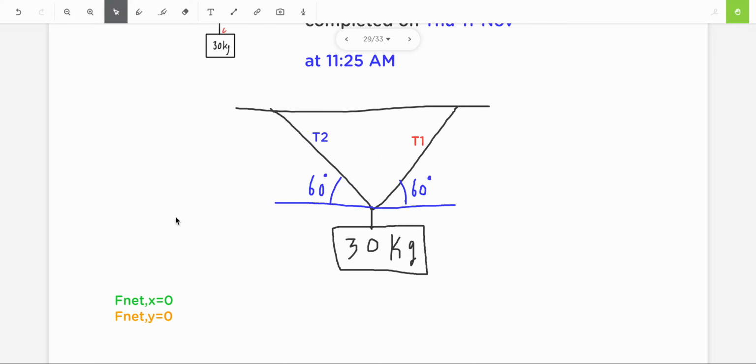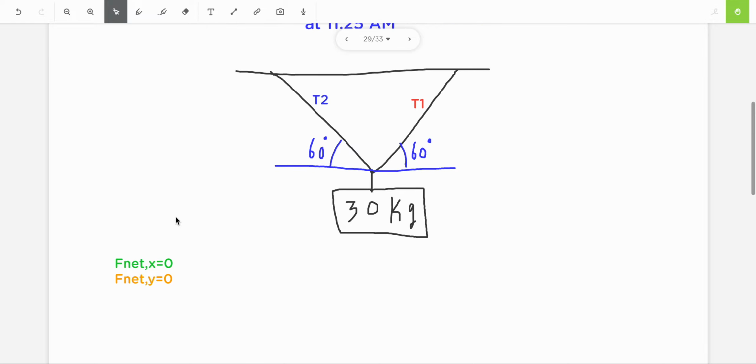Okay, so now we should get the equation of F net x equal to 0 and F net y equal to 0. First of all, we should label the T1x, T2x, T2y, T1y and mg.